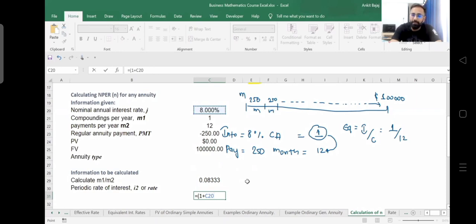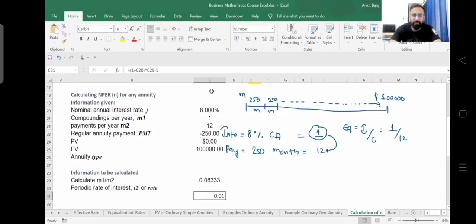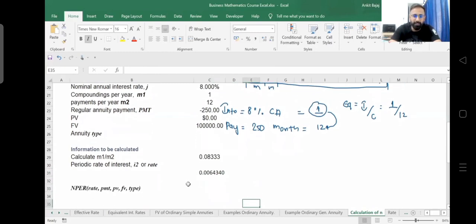Then we have to use the exponent, because here we have the equalized period, right? We use this power and reduce it by 1. So this is going to be your effective interest rate, that is 0.0064340, right? Here this is the effective interest rate.